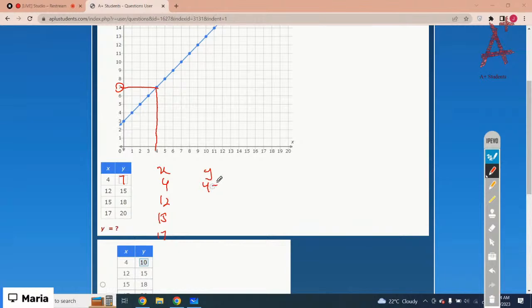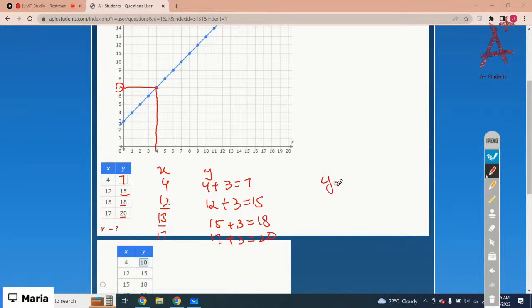4 plus what number makes 7? 4 plus 3 makes 7. Got it? Then here you have 12. 12 plus what number makes 15? 12 plus 3 makes 15. Got it? Then here you have 15. 15 plus what number makes 18? That is 3. Got it? Then you have x is 17. 17 plus 3 makes 20. That means for each value of y, you have to add 3 to each value of x.